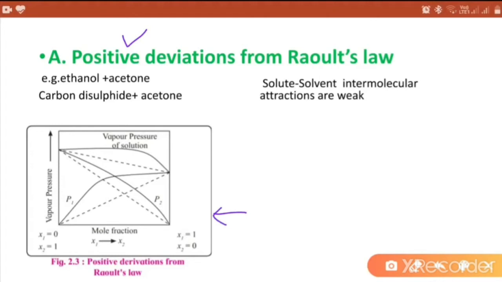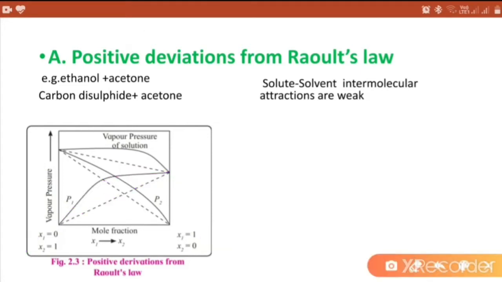See the diagram, the graph, where the value of x1 is 0 in the initial stage, and in the final stage the value of x1 becomes 1. This type of graph is obtained by plotting vapor pressure versus mole fraction, and this is a positive deviation.